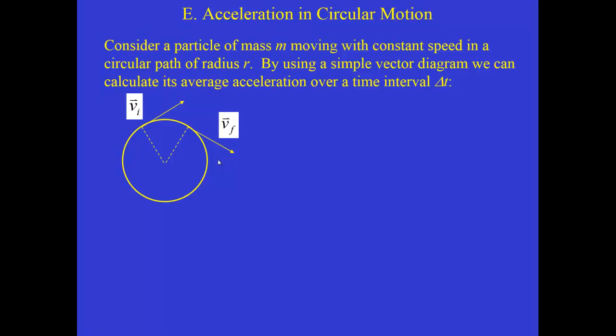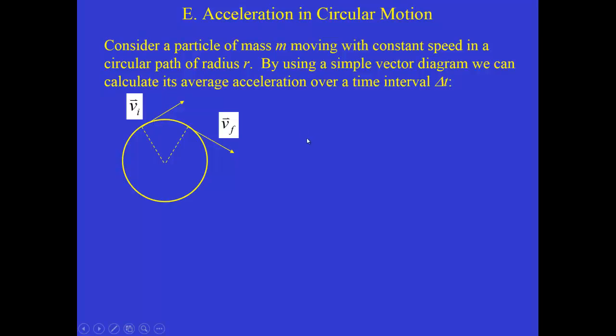What we want to do is consider the velocities of that particle at some initial location and then its velocity vector a short time later at this final location. We're going to ultimately take the limit where these two instants in time are very close together, but for the purpose of the diagram I've drawn them as if the object travels quite a ways around the circular path.